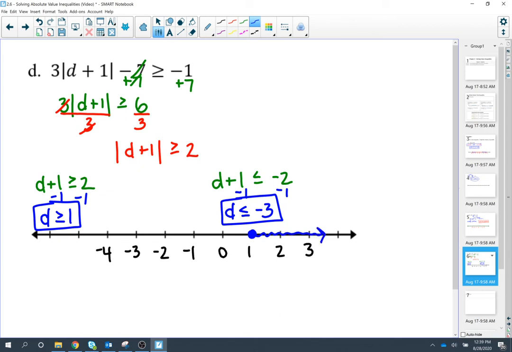If I'm going to do D is less than or equal to -3, I'm going to put a closed dot at -3 and shade less than. And then if I take a look at my solution, this is not overlapping. This is a union, so I'm going to say or. And because it's an or, this is the way we would write it with two separate inequalities. We can't combine it like we can with the and.